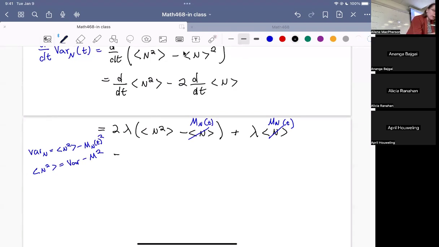So we'll just rewrite this as 2 lambda, the variance in n, plus the mean in n squared, minus the mean in n, plus lambda times the mean of n.